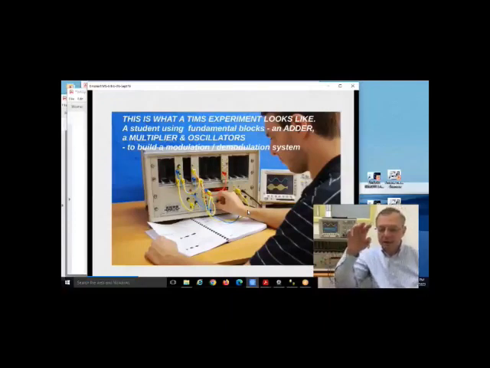Out of those 16 experiments, you can choose whether they're spectra, Fourier, complex numbers, convolution, or FIR or IIR filters. I'll show you later, but I'd like to say now, everything we do is hardware, not simulation.